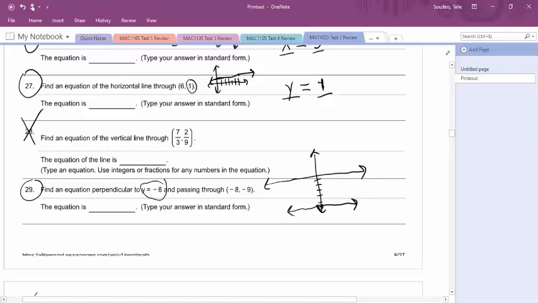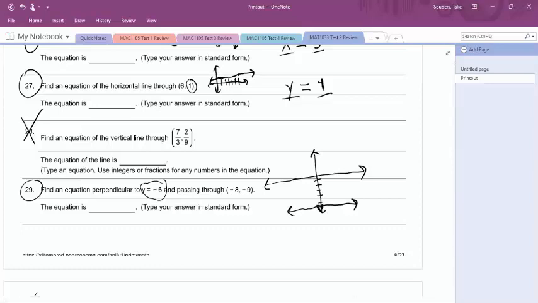So there's the line y equals -6. Okay, perpendicular. If you have a horizontal line, what kind of line is perpendicular to a horizontal line? A vertical line. Visually, can you see that? That's what's going to form a right angle. So it's going to be a vertical line.